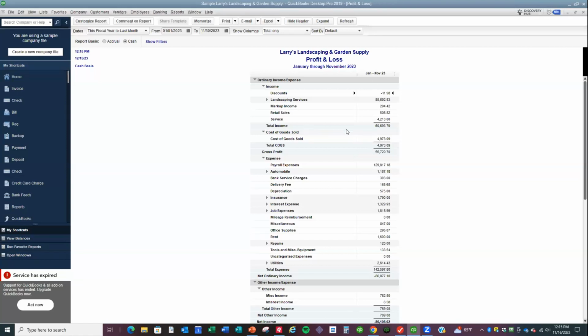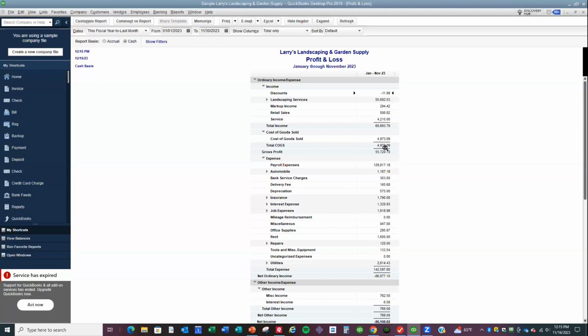So you have your income. You have your cost of goods sold, which is supplies, or rather material needed to generate that income. This is Larry's Landscaping. This is a service-based business. Then you have your gross profit, and you could actually look and see what your gross profit margin is.